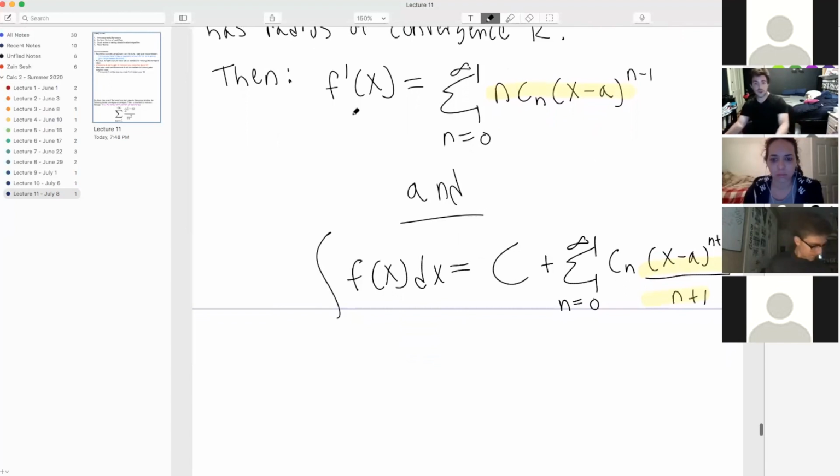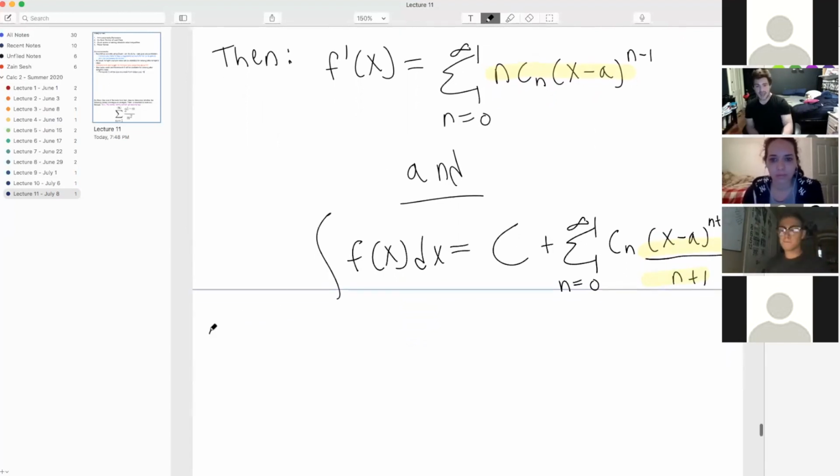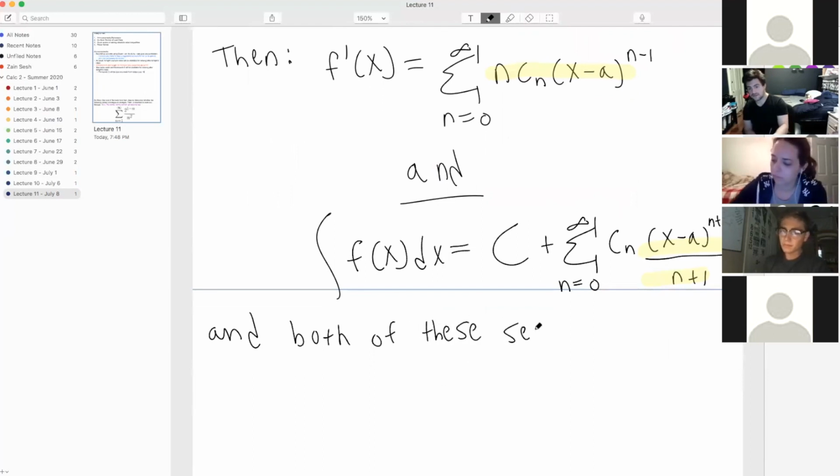All right, so we have expressions for the integral of f and the derivative, and we need to say something about the radius of convergence. Both of these series also have radius of convergence capital R. So that's cool.